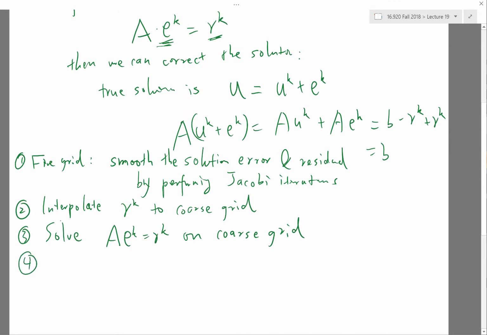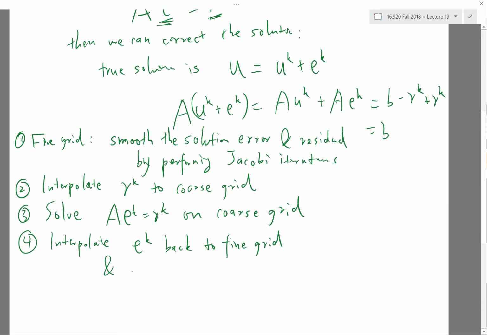And the fourth step is to interpolate the solution EK back to the fine grid, and my UK plus 1 is going to be UK plus EK, right? We correct the solution.